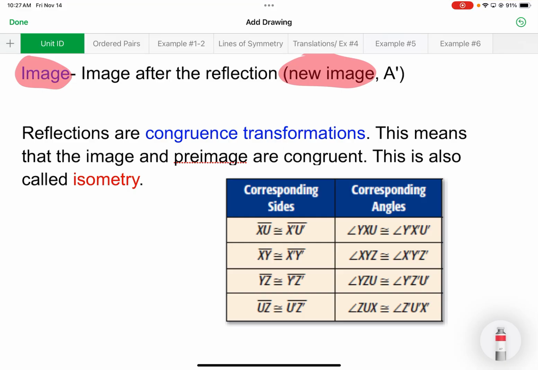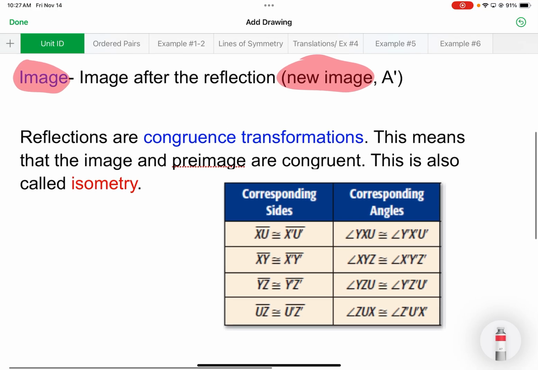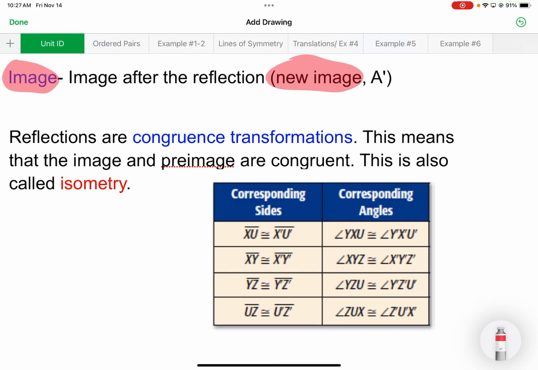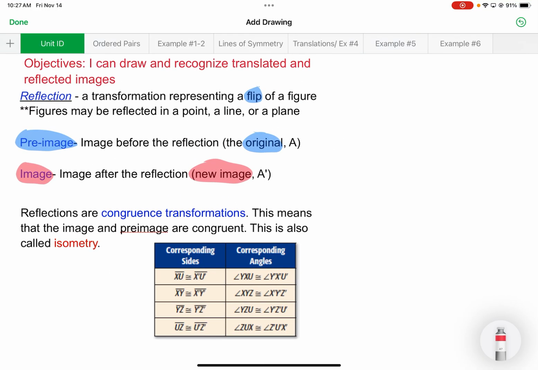Okay, cool. So how we often represent this, and I forgot to highlight this, but look under where it says image. Where it says image, that's our new image, so that's our result.